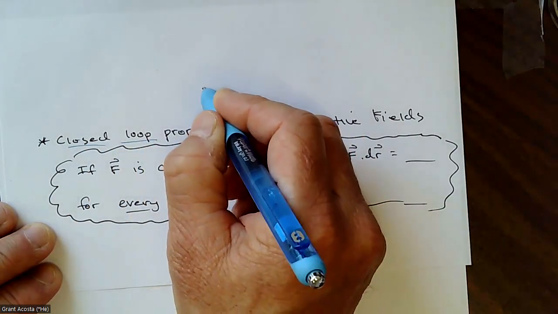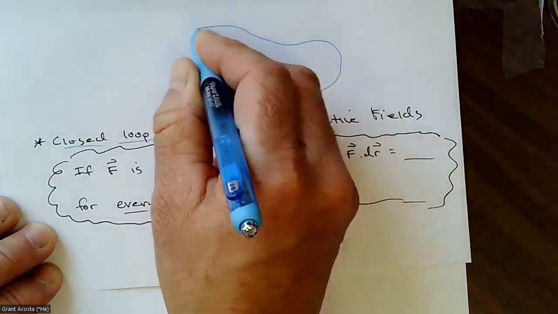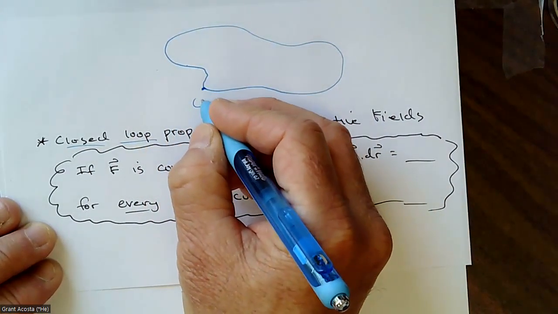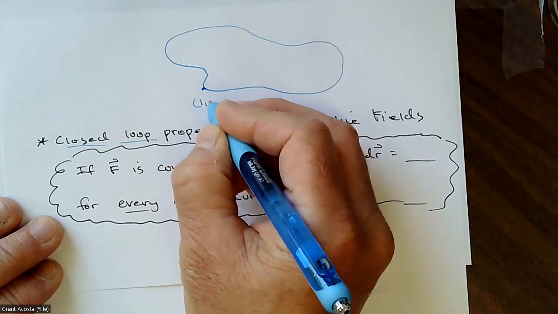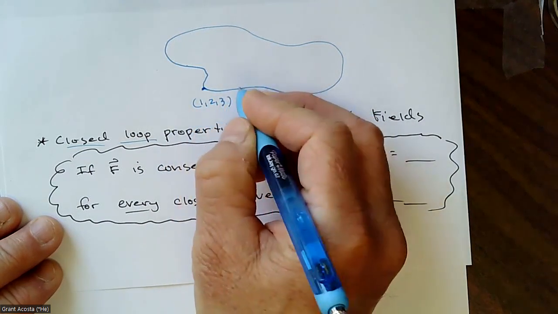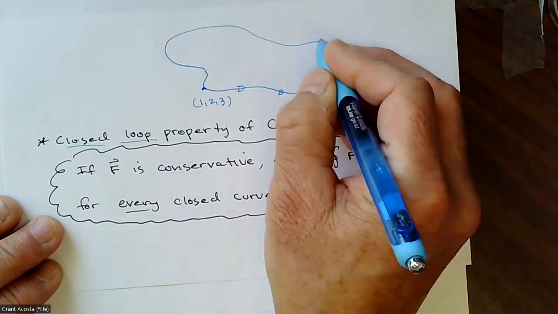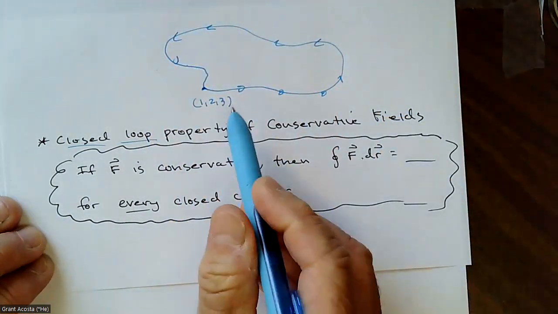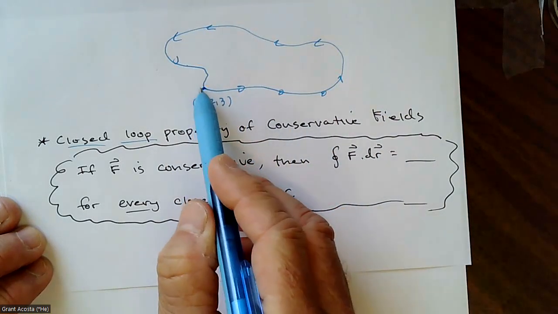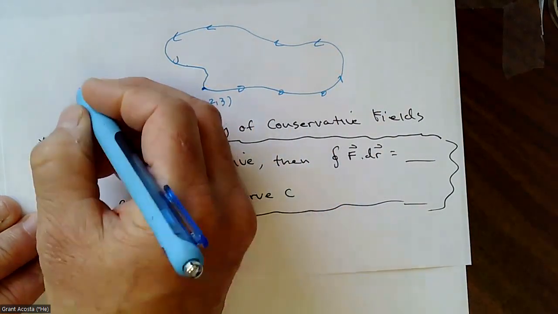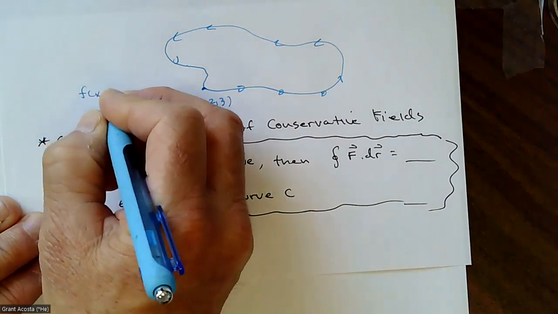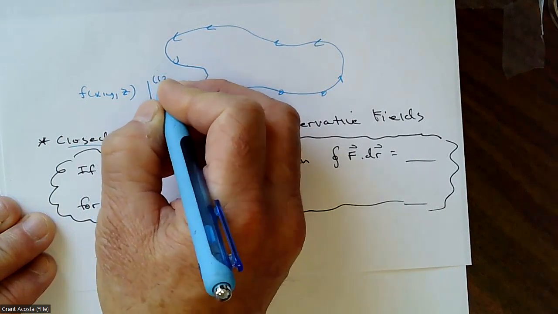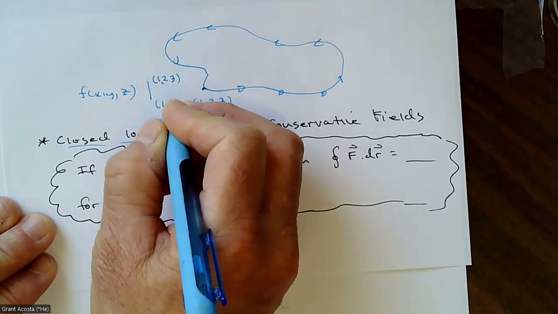What if your parameterization was some kind of curve like this, and you began and ended at the same point? Say it was 1, 2, 3, and you had some curve that took you all the way around here. Because if it was a conservative field, you would just find the potential function and evaluate it from 1, 2, 3 to 1, 2, 3.